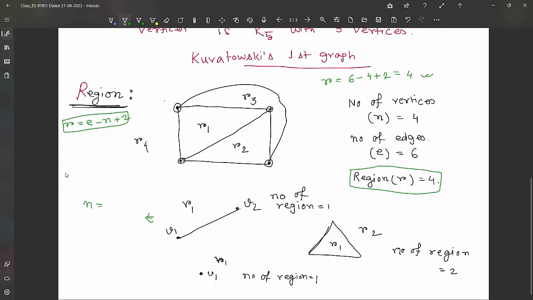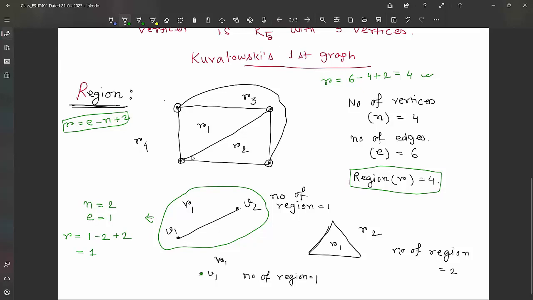What is the n for this graph? 2. n is 2. What is the e? e is equal to the number of edges, 1. Now calculate R. So R is equal to e, which is 1, minus n, which is 2, plus 2. And you can see this is 1. So the number of regions is equal to 1.